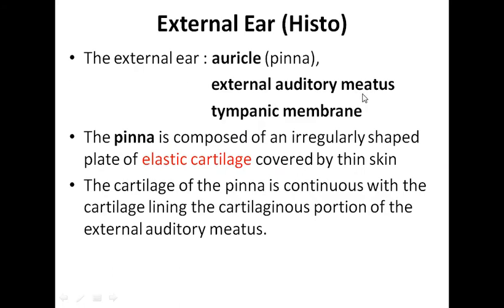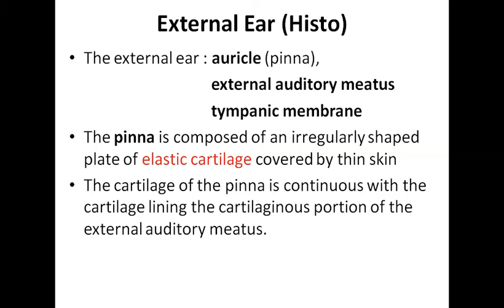Now let's discuss a little histology of this. The external ear, auricle, external auditory meatus and tympanic membrane, we have already discussed the parts. This pinna is composed of the irregularly shaped plate of elastic cartilage, right? तो अभी जो हमने बात की थी कि cartilaginous है, तो you must know which variety of cartilage is there.